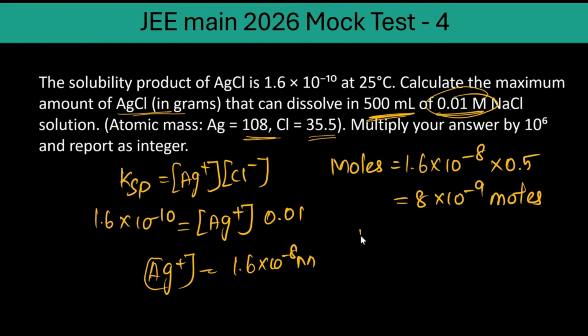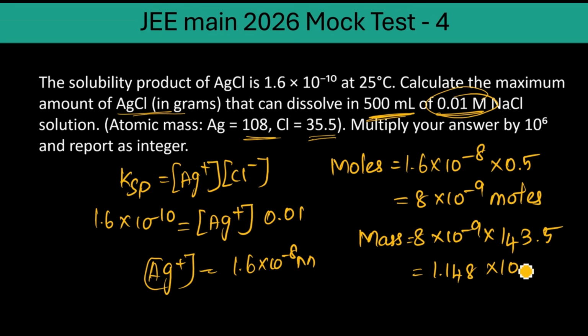So mass is 8 into 10 to the power minus 9 into 143.5, that is 1.148 into 10 to the power minus 6. Multiply your answer by 10 to the power 6, so you will get 1 as your approximate answer.